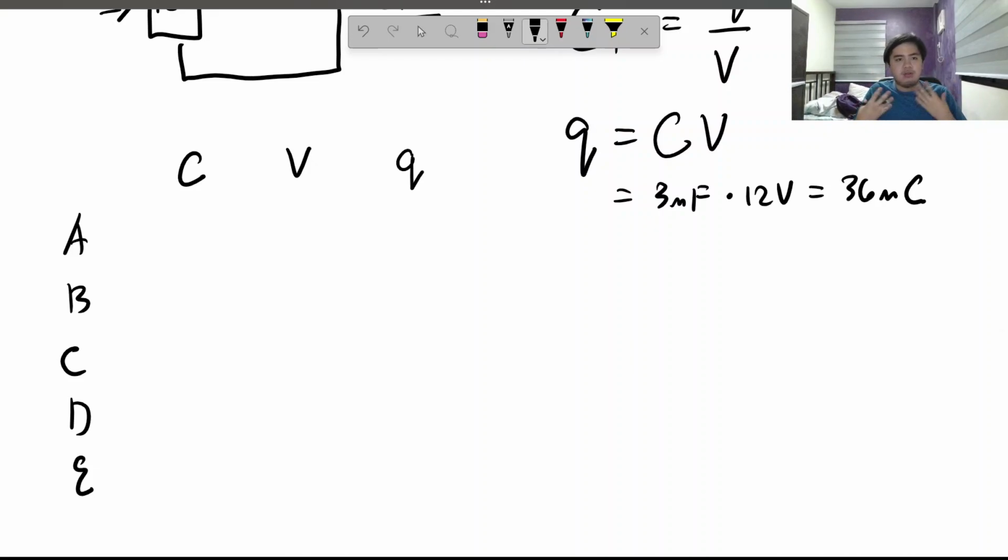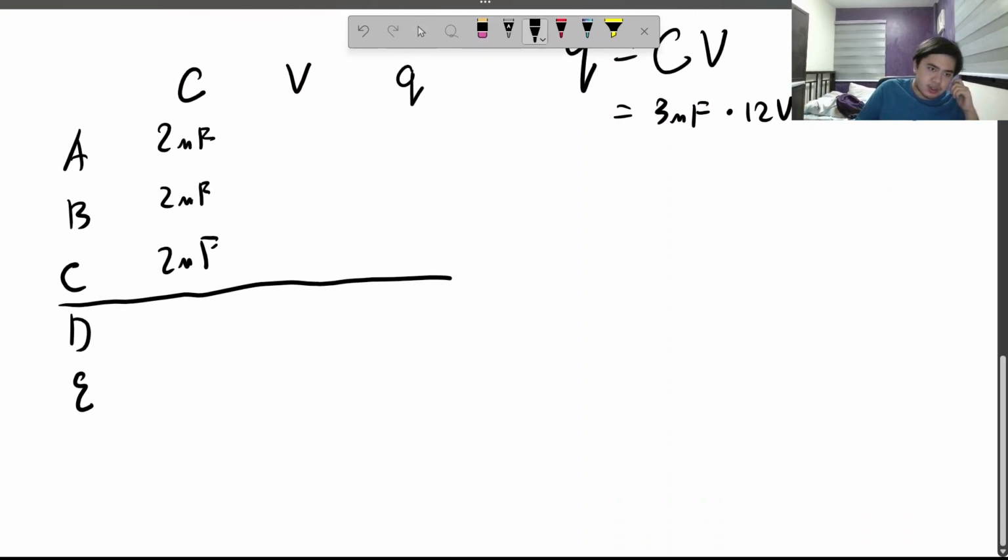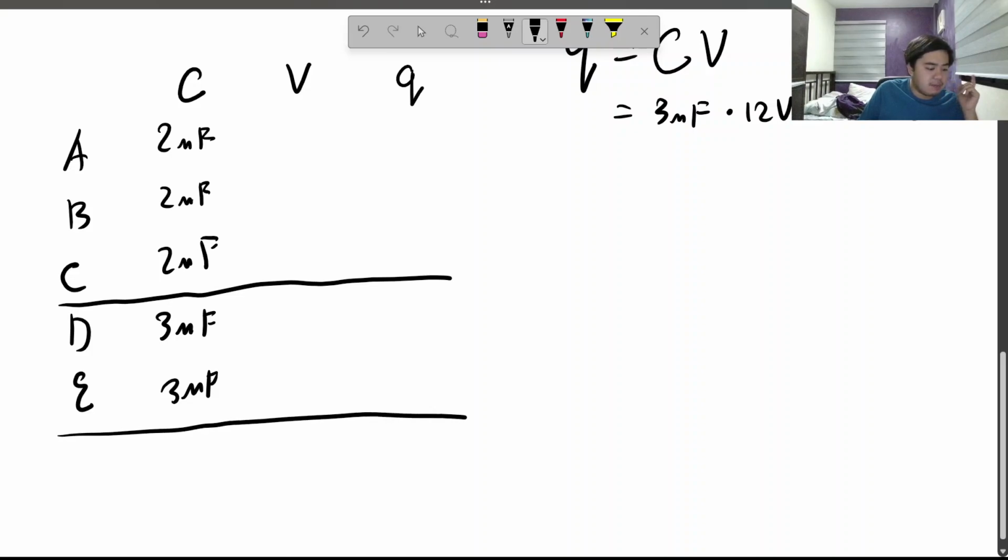Now, we need to list down what we already know. We know that the capacitance is 2 microfarads here, 2 microfarads here, and 2 microfarads here. And that is all in series with 3 microfarads here, 3 microfarads here. So these three are in parallel, these two are in parallel, and the overall capacitance is 3 microfarads.